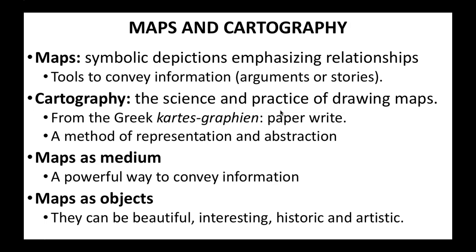Cartography is traditionally understood as the science and practice of drawing maps. It comes from the Greek kartes graphian, which means to write on paper, and it is a method of representation and abstraction. Remember that maps are a medium of communication, and they are a powerful way to convey information because we use them to relate to our world.